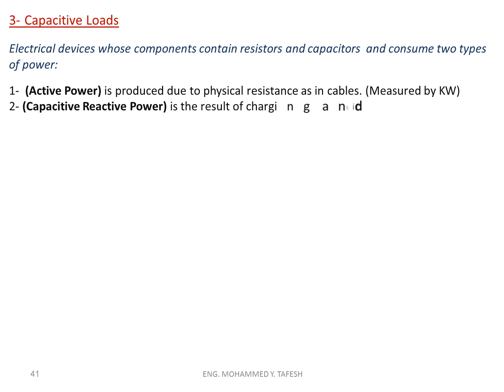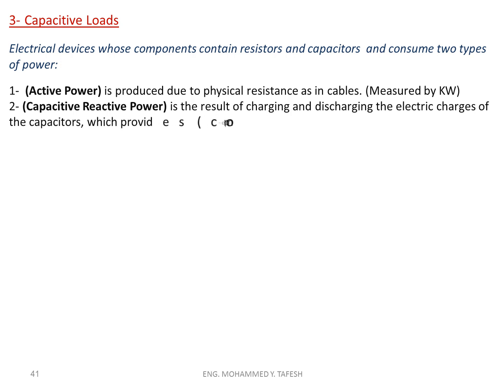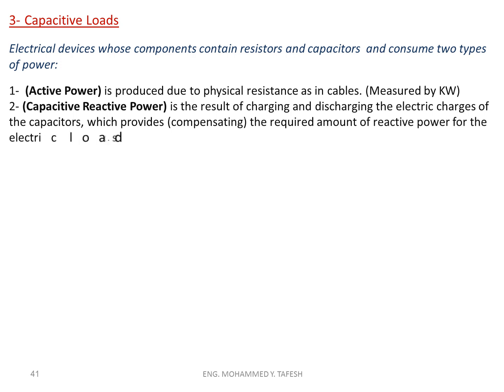And capacitive reactive power is the result of charging and discharging the electrical charges of the capacitors, which provides or compensates the required amount of reactive power for the electric loads, measured by kVAr.